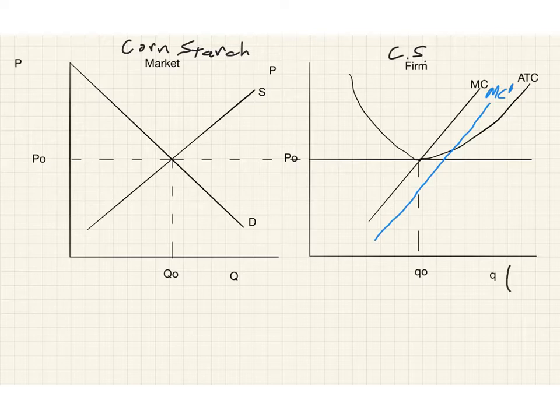At the firm level, if you're an industrial manufacturer, you're going to be making it by the ton. Price will be dollars per ton.